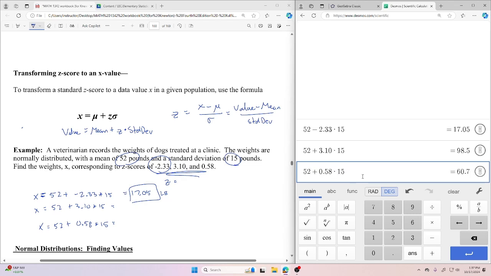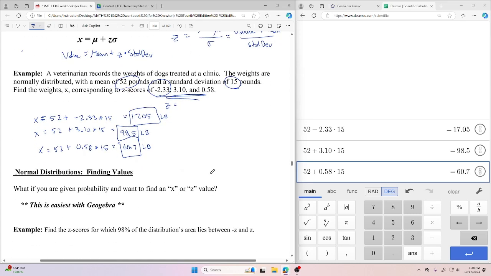Okay, and here we go. 98.5 pounds and 60.7 pounds. These are dogs, right? Yeah, dogs. Okay, cool. Ta-da! Straightforward? Good. I mean, it even had the formula right there for us, so that's kind of nice.